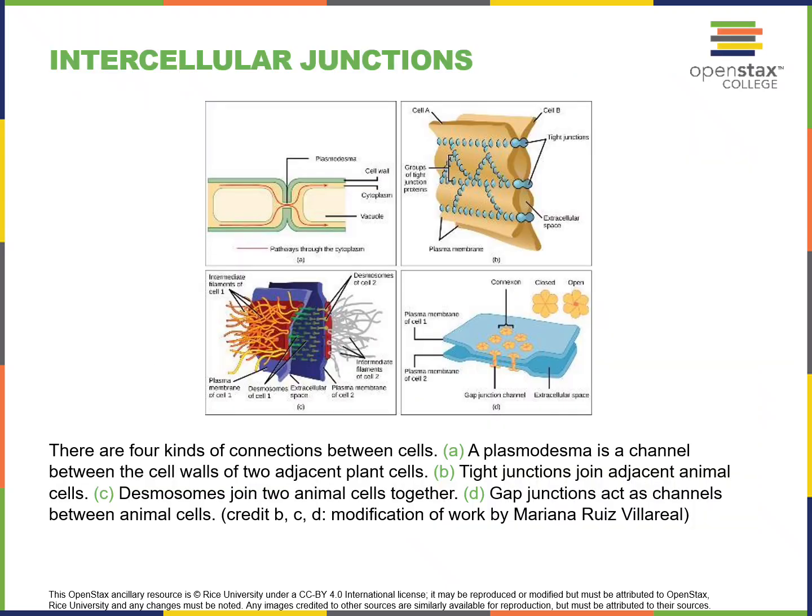So there are 4 kinds of connections between cells. The first is a plasmodesma. I've always called it a plasmodesmata, but I digress. A plasmodesma holds 2 plant cells together and kind of acts as like a channel to send components through.